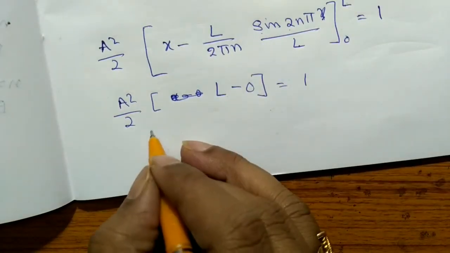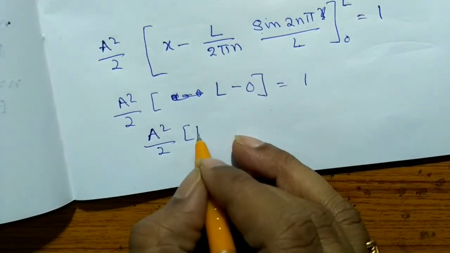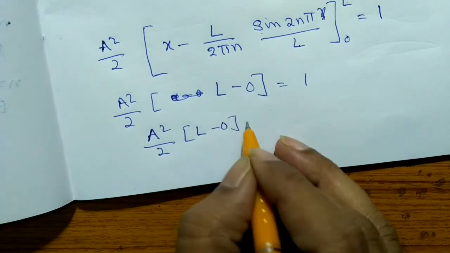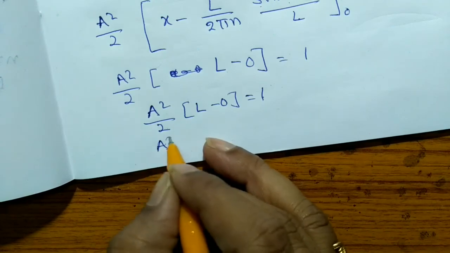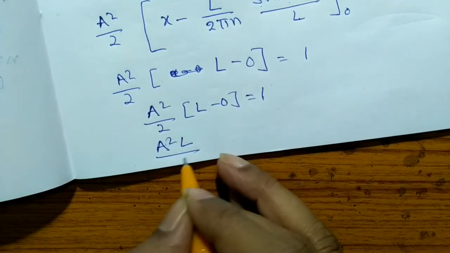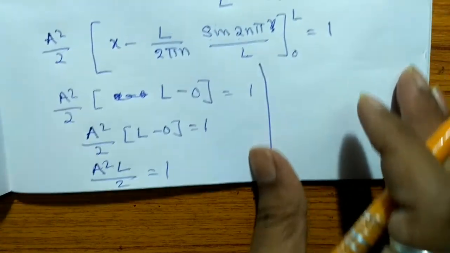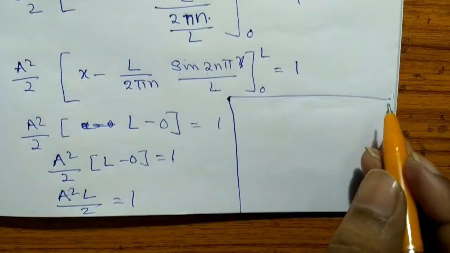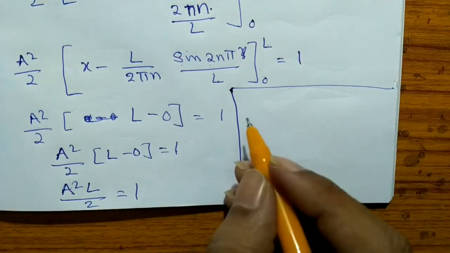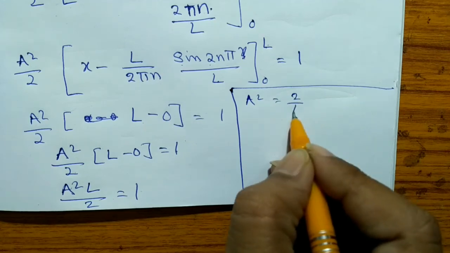That means A square by 2 into L is equal to 1, which means A square is equal to 2 by L.